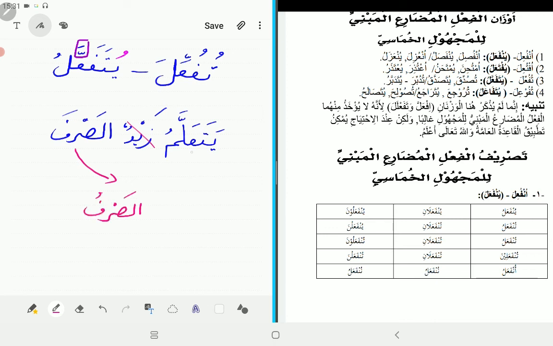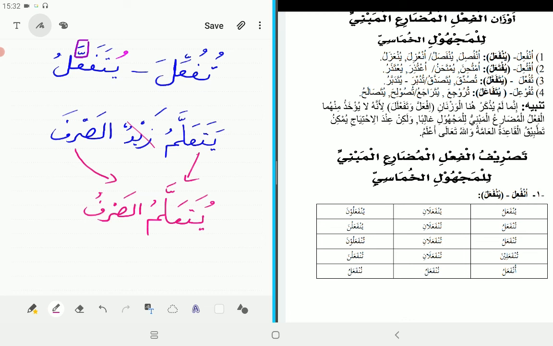Then I come to the verb يتعلم, and I'm going to make it the passive voice. So it becomes يتعلم الصرف. The sarf is being studied. One is Zayd is studying the sarf, and one is the sarf is being studied. Alhamdulillah. I think it's clear.